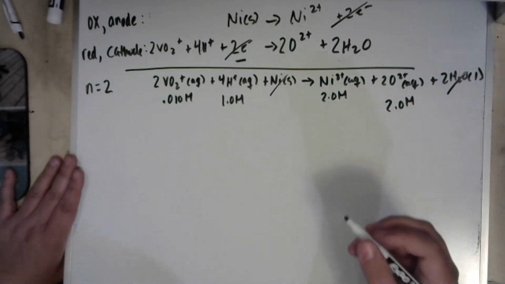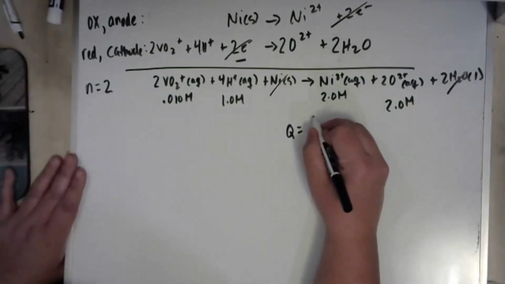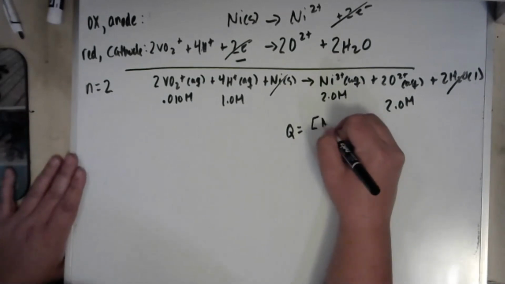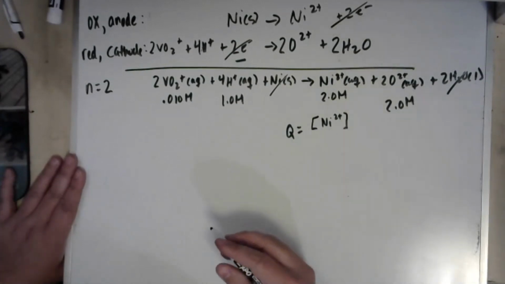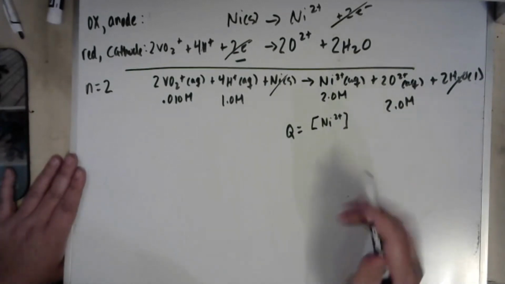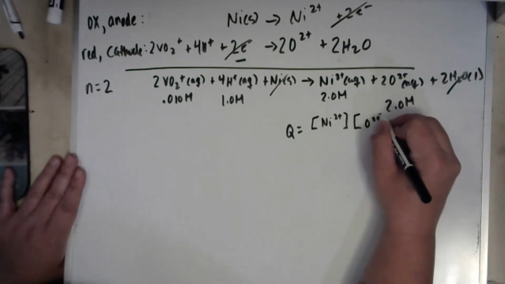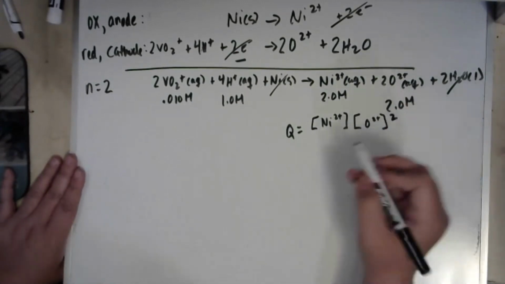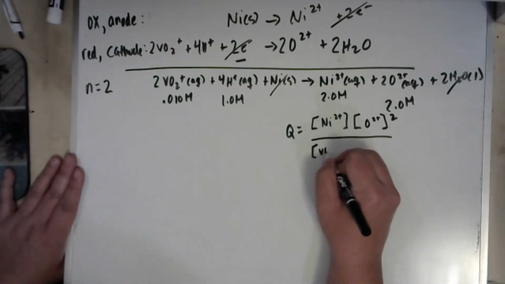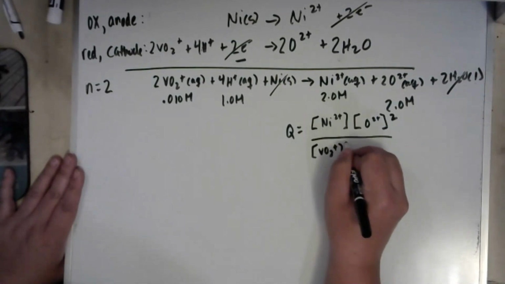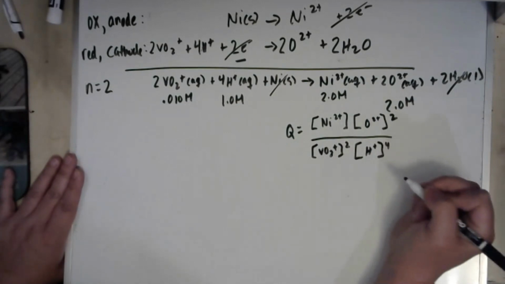Okay, so for my Q, it's going to be the concentration of Ni2 plus, not raised to any coefficient, times the concentration of VO2+ squared over the concentration of VO2 plus squared times the concentration of H plus to the 4th.